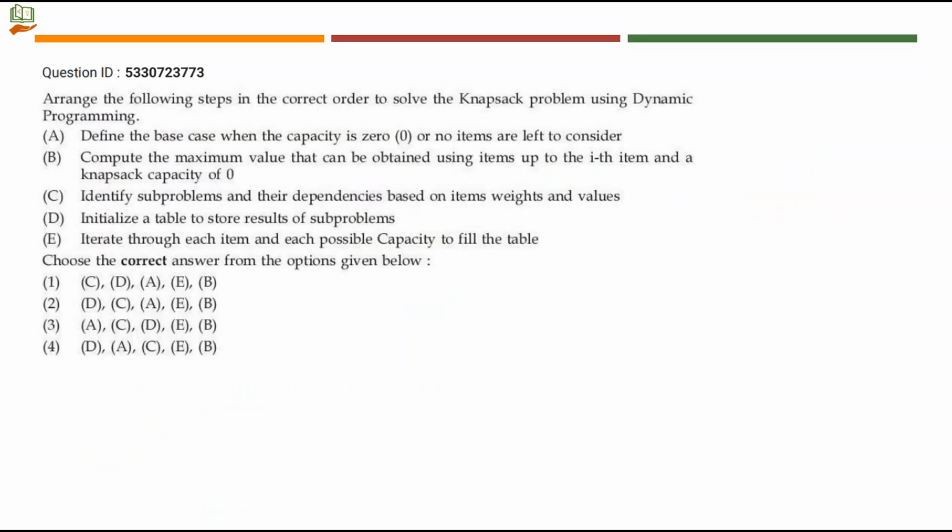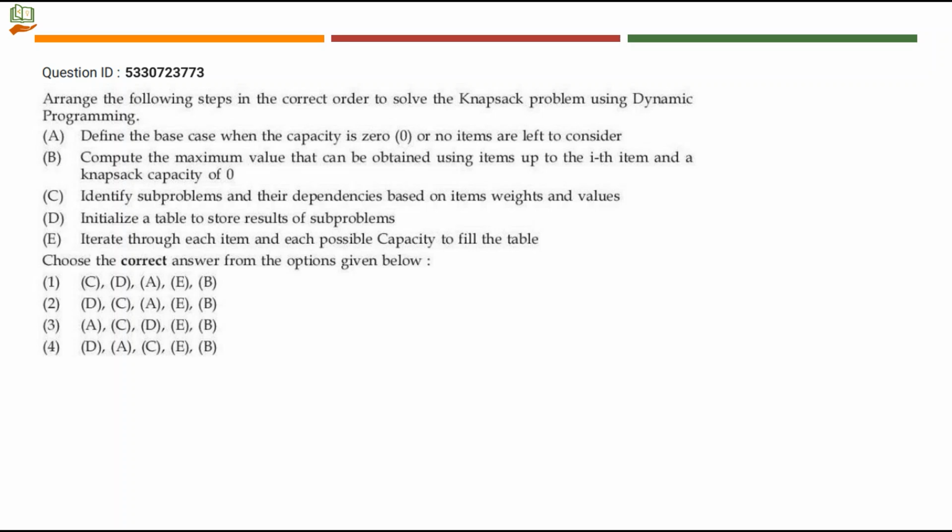Next question. Arrange the following steps in the correct order to solve the knapsack problem using dynamic programming. We have already seen the knapsack problem in one of the previous year question papers. We have two kinds of knapsack problem: the fractional knapsack problem and the 0-1 knapsack problem.